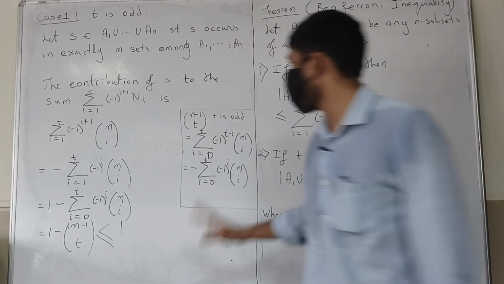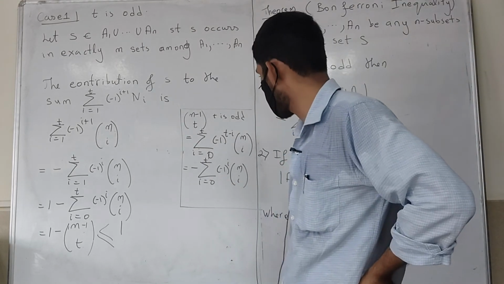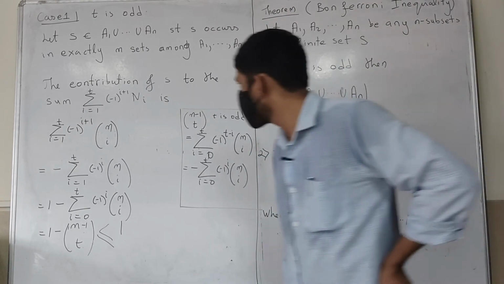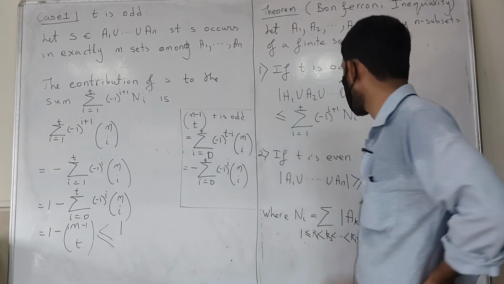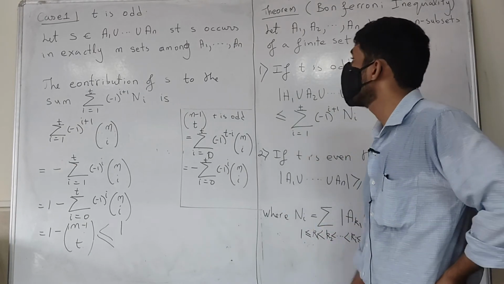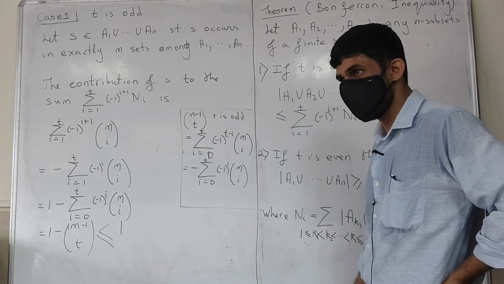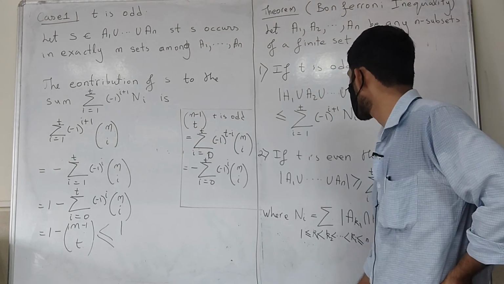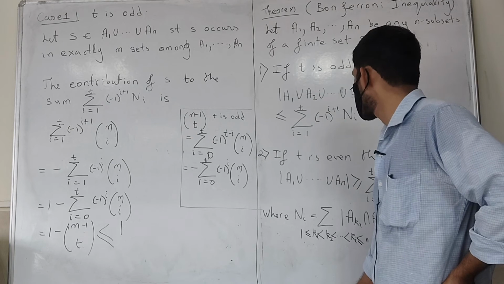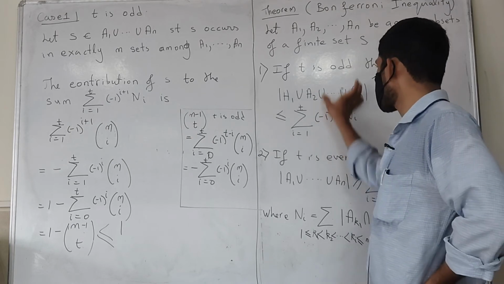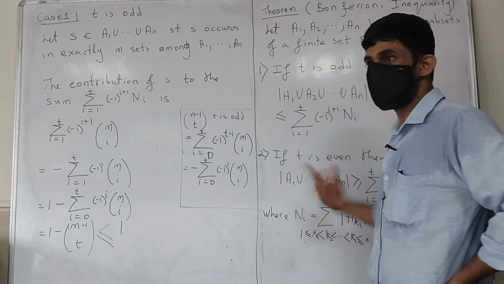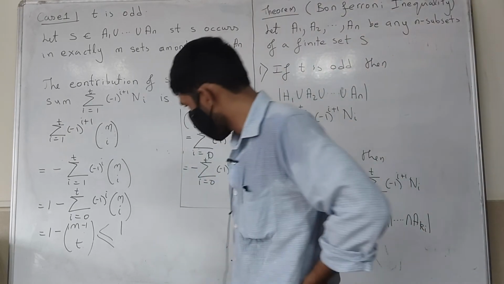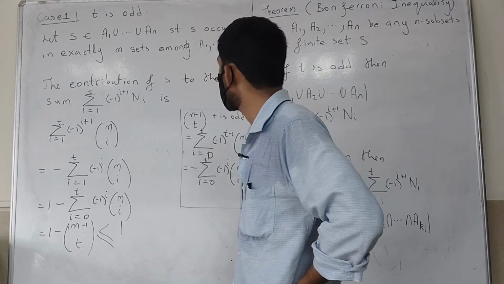Can anyone spot any errors here? Where is the error? So here there is a problem because I am getting the contribution less than 1. I want this to be greater than this. So the contribution here should be greater than 1. But I'm getting the contribution here to be less than 1, which is a problem, right?